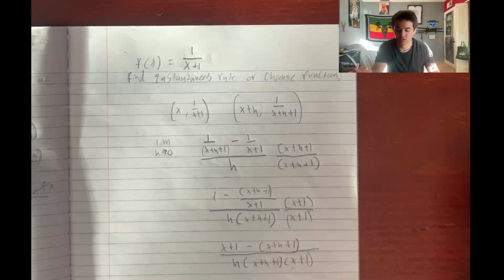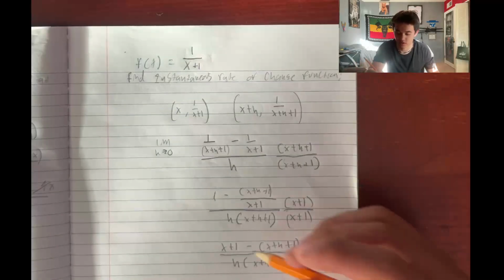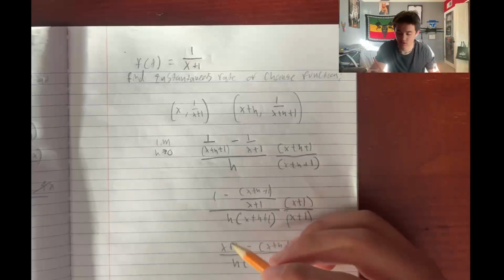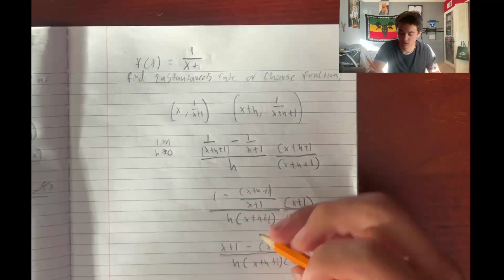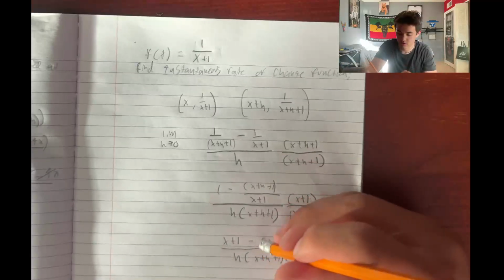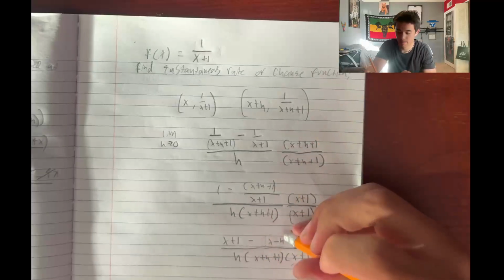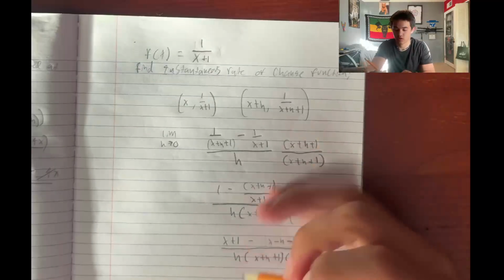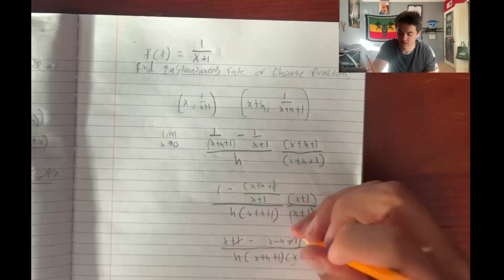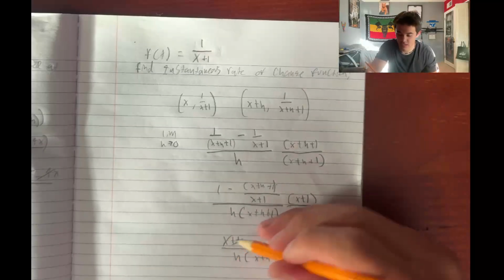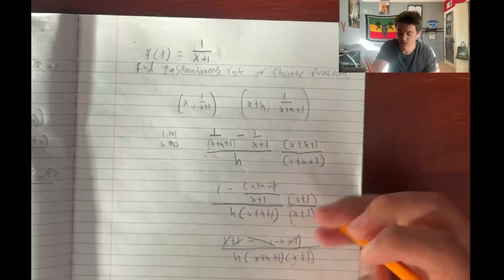So next thing you're going to do is just start canceling out like you did before. To make this easier, we can spread out this top term. The negative goes in, so it'll be minus x minus h minus 1. These 1s are going to cancel out. We have an x and a minus x, so those cancel out as well.